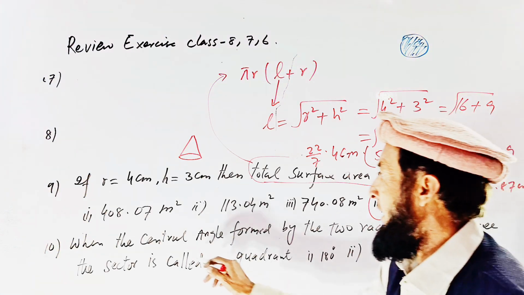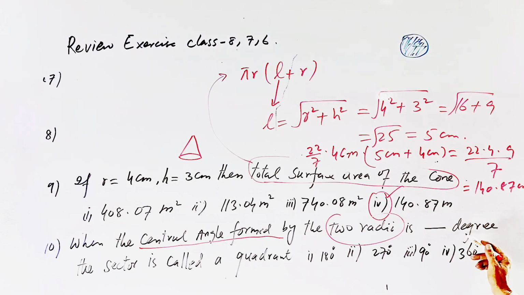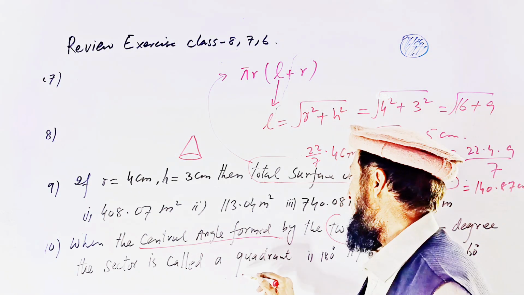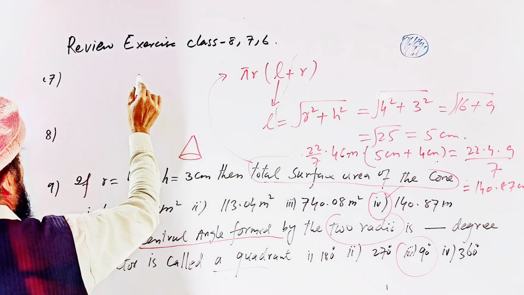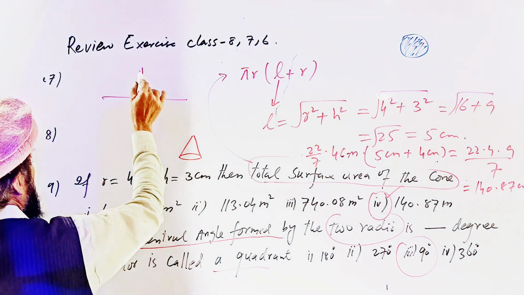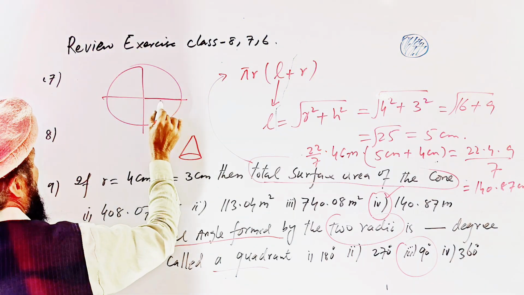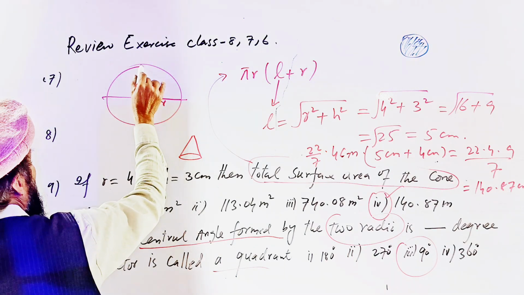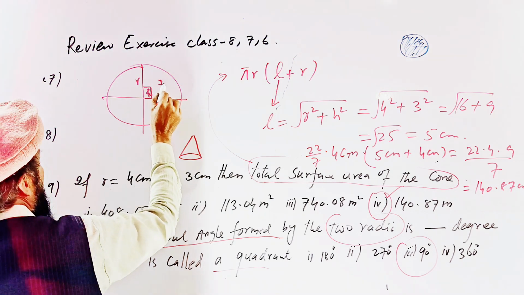When the central angle formed by the two radii is 90 degrees, the sector is called a quadrant. If we take one of these circles, this is one of the radii, then this is the second radius, so that will be 90 degrees in the first quadrant here.